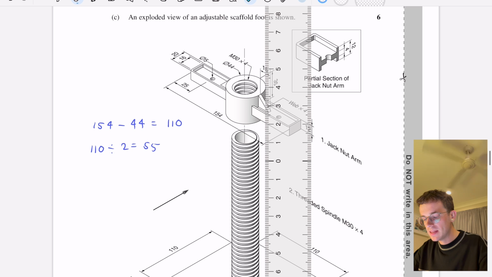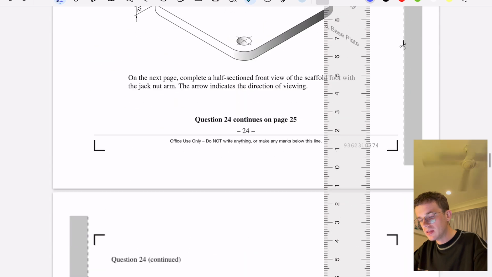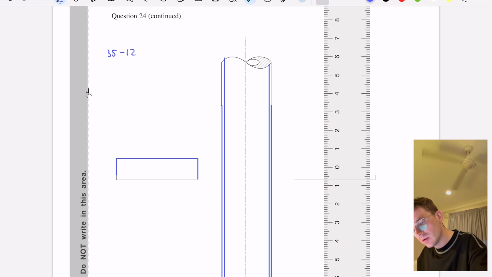So now we want to draw this nut on this object. If I go up, the nut, we're told, is 35 mils high, 35 high. And the thickness of this arm coming off the nut is 12. So 35 minus 12 is 23, divided by 2 is 11.5.